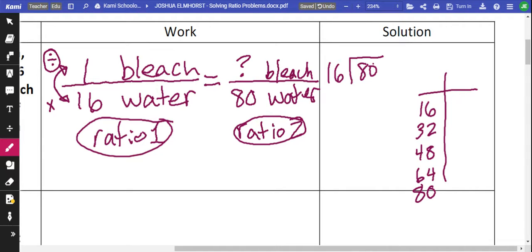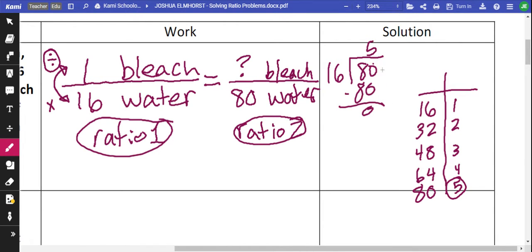Actually, it works out nicely. So 1, 2, 3, 4, 5. So there's 5 multiples of 16 that are going to go into 80. 5 times 16 is 80.